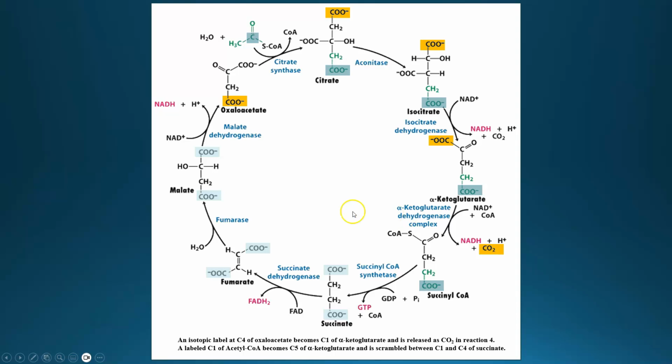If you followed through the carbon that was next to that carbon, so let's say this carbon, then that one would become this carbon, the second carbon of alpha-ketoglutarate, and so that carbon is not the one that is liberated.